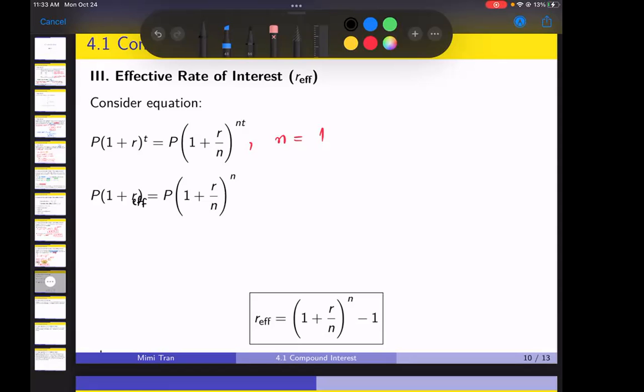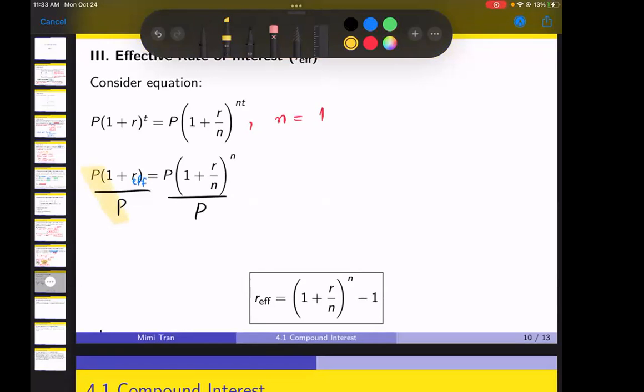What do I do to both sides? No, I wouldn't do it. Actually, if anything, I'll get rid of it. Yeah, right. P. Very good. Bonus check mark for you. I don't always say that. Just give yourself one. So divide both sides by P.